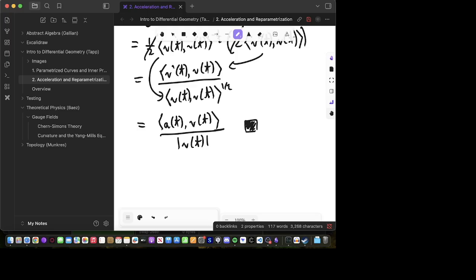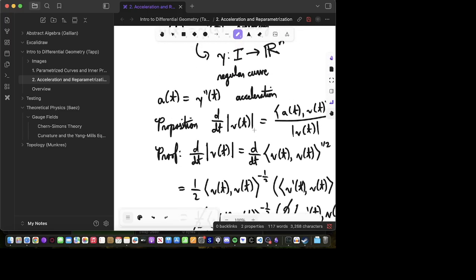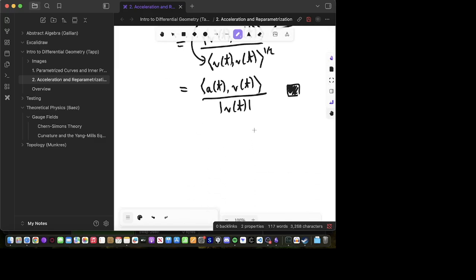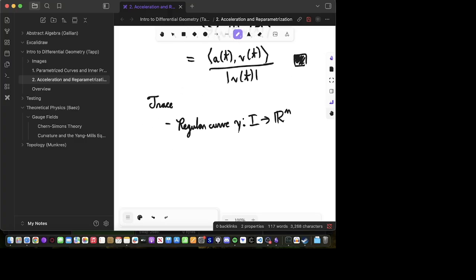So that's all on the acceleration. Let's talk about reparametrization. So first up, let's define something called the trace. If we have a regular curve gamma from I to Rn, the image of the curve is called the trace.